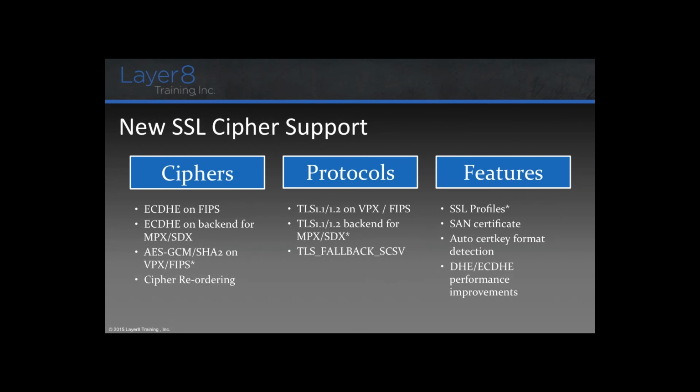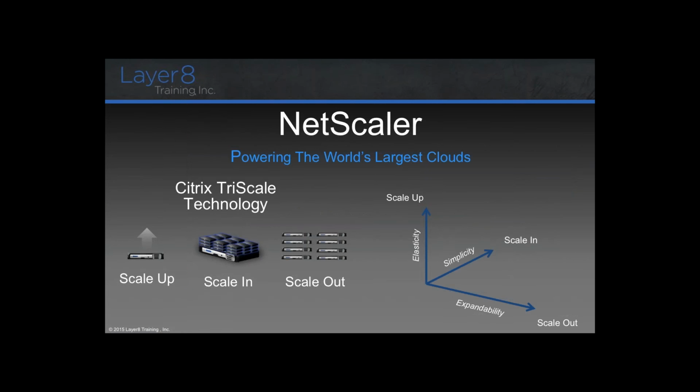Now let's move on to some of our TriScale enhancements. Of course, the NetScaler offers our TriScale technology, which allows you to scale up, scale in, and scale out within the environment. As we move forward with this technology, we keep getting better and better at it.